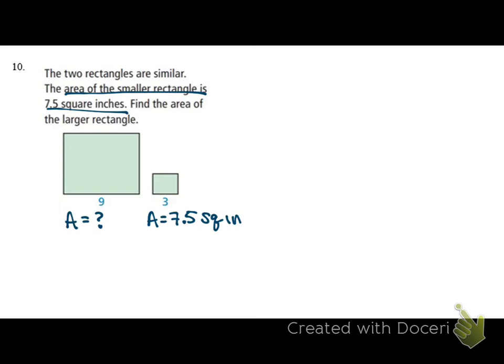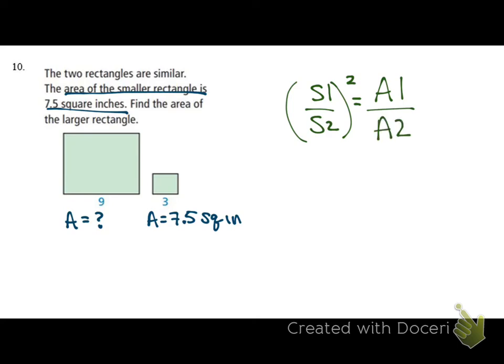So we know they are similar, and we're dealing with area, so we're going to use that similar area formula. Which side do we want to put in the numerator? There's no really right or wrong answer. Which one? I just can't hear you. 3? Sounds good.